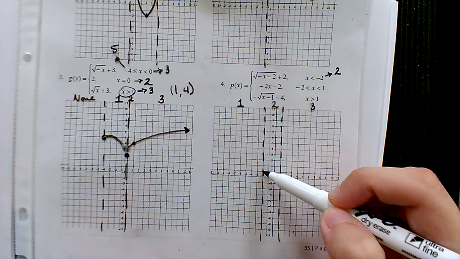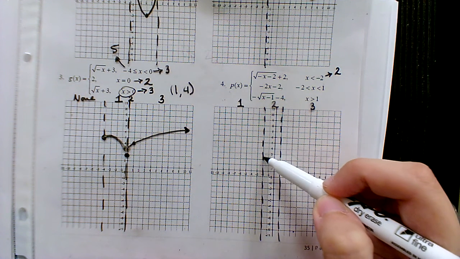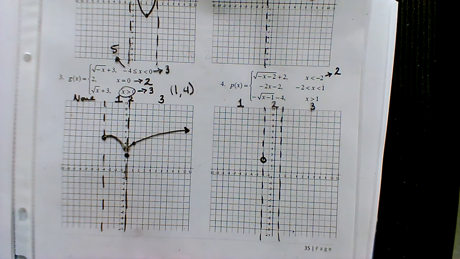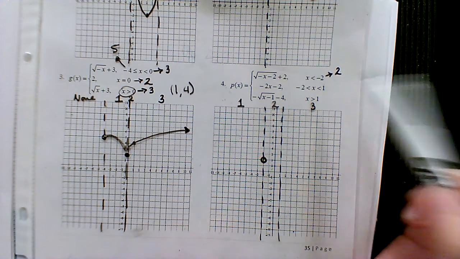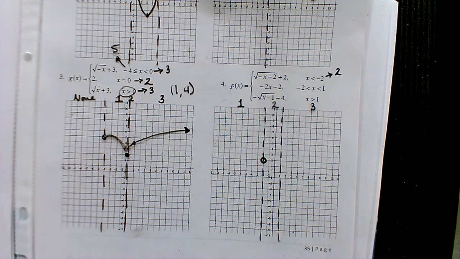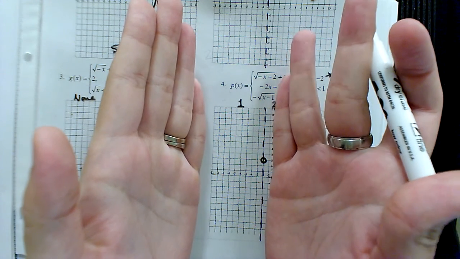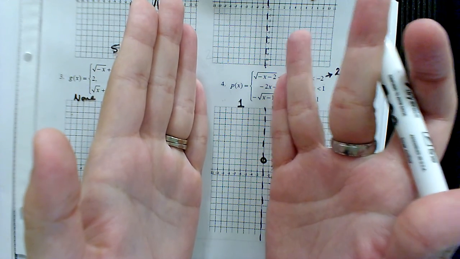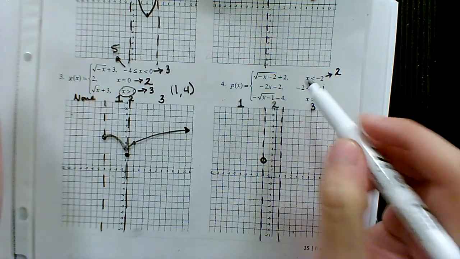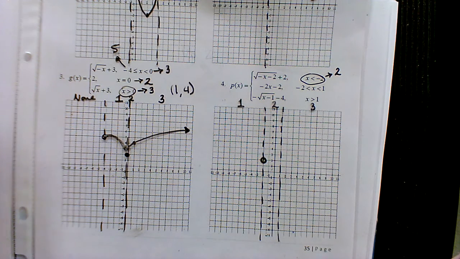So we plug in -2, we get out +2, and we need an open circle, there's no bar. Okay, we only have one point, so we somehow need to figure out where is there another point in that first section to help us guide this square root graph? So pick any number you want smaller than -2 to test it.